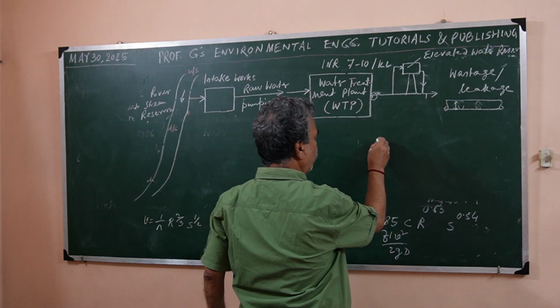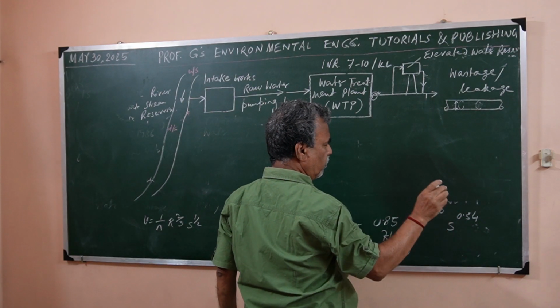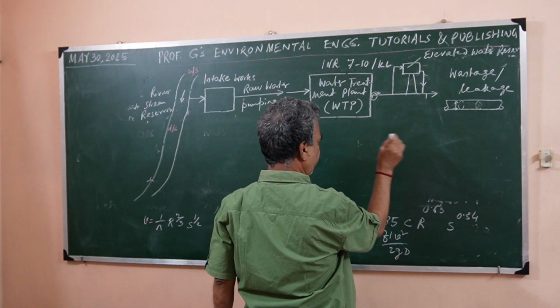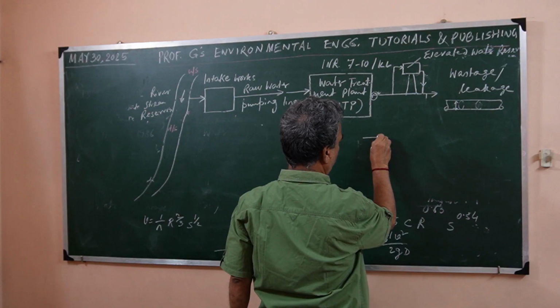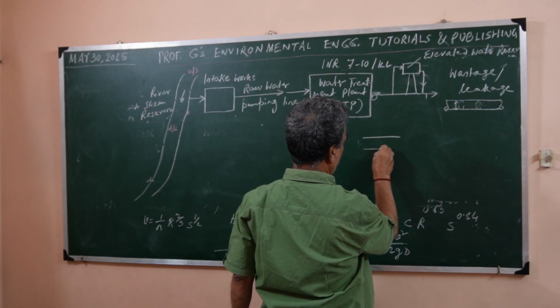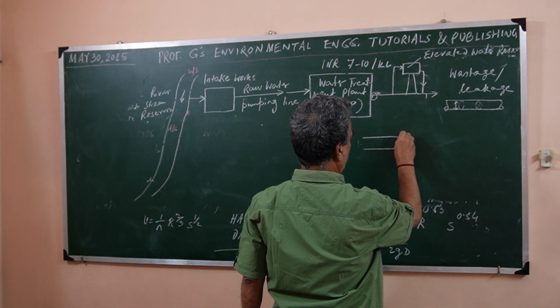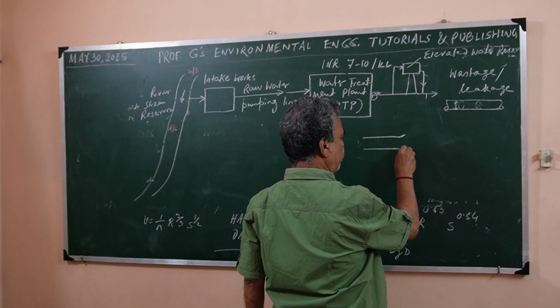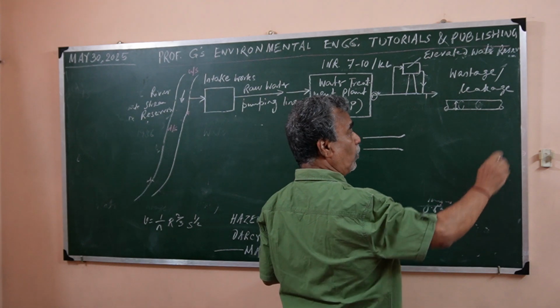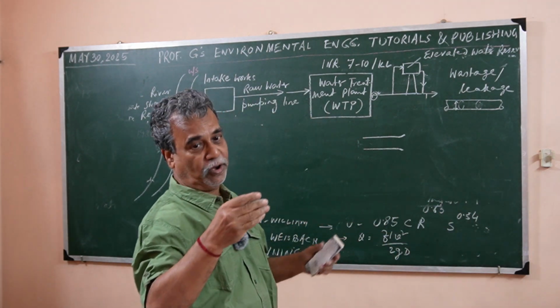Now how it is done, I am just giving very briefly, so that you can understand this, right? So one piece of pipe, because one pipe cannot be so long.